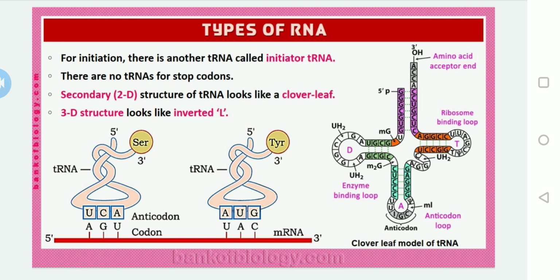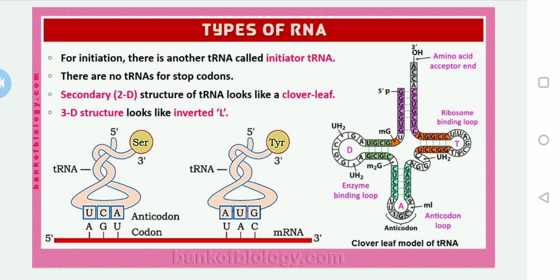Another is the T psi C loop, which has the ribosome recognition site. And the anticodon loop is the codon recognition site. It contains a sequence of 3 nucleotides called the anticodon. That's why it is also called NODOC, the reverse of codon. And there is a variable arm, which consists of a few nucleotides.